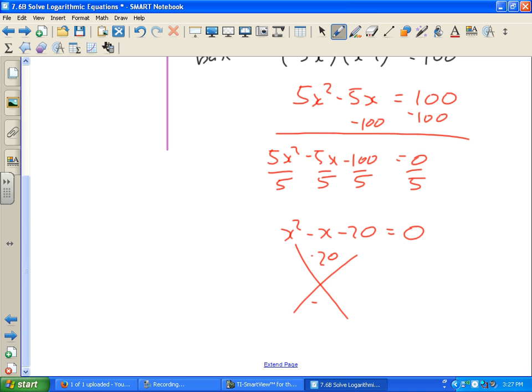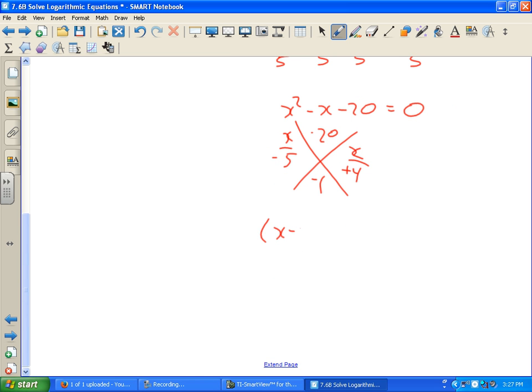Negative 20, negative 1, x over. Let's see, that's going to be a negative 5 and a positive 4. So we've got x minus 5 times x plus 4 equals 0. X equals 5, and x equals negative 4. Sweet, I'm done with the problem.